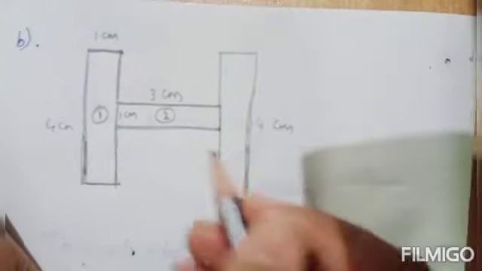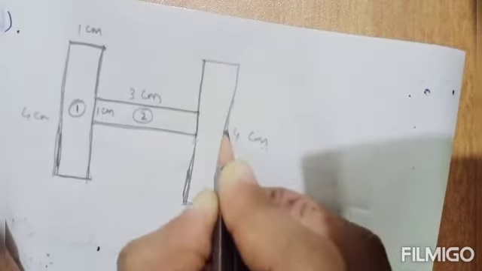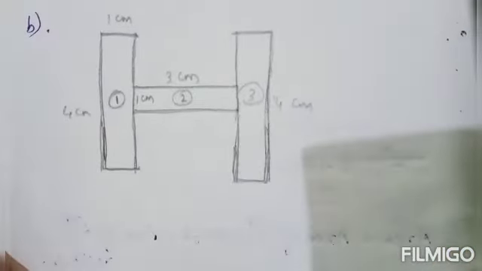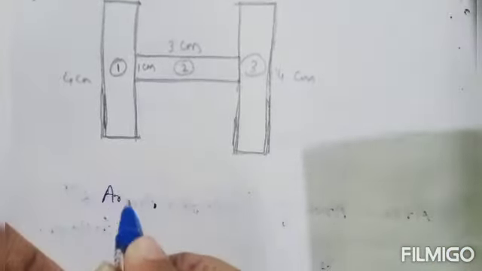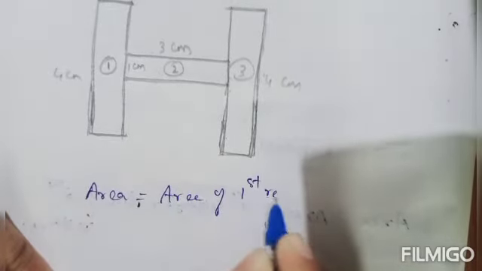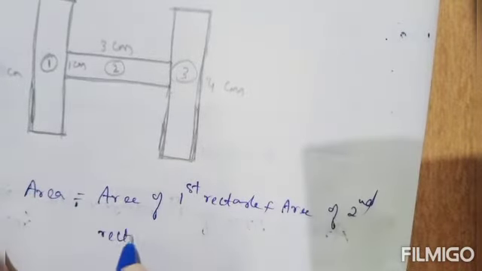And the third rectangle is this one. Now how can you find the area of the figure? Area equals area of first rectangle plus area of second rectangle plus area of third rectangle.